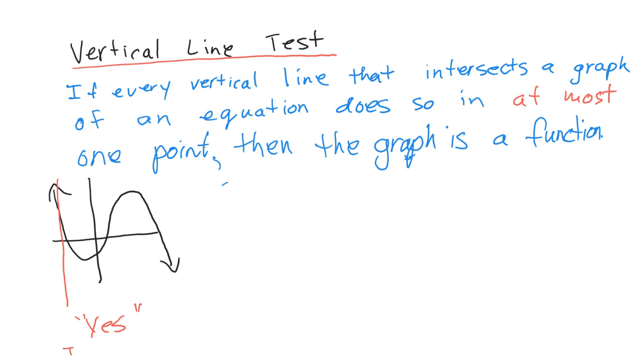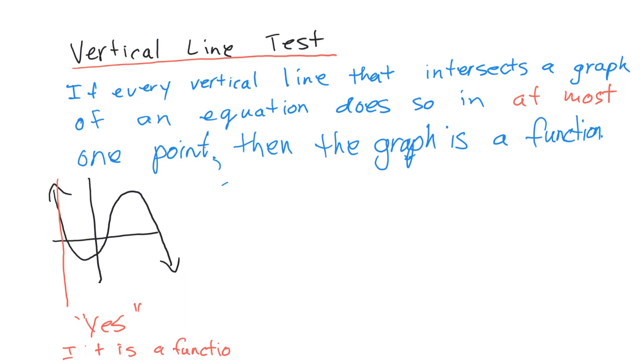Can't even write the word today. All right, so that is one thing that we could use. So anything like a parabola, anything like a straight line, a straight line that's not vertical, can work.